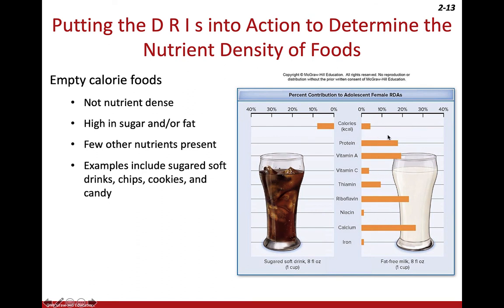So kind of bang for your calorie buck as a way of looking at this particular comparison. But this is a really important thing to keep in mind. Even if you're working on your own food choices, you want to go with those things that are higher in nutrients as opposed to high in calories. So this is something we'll come back to pretty regularly.